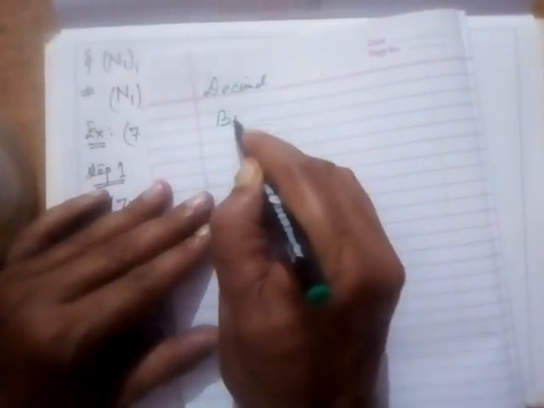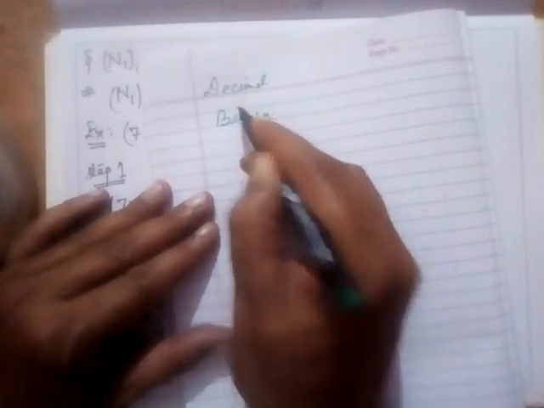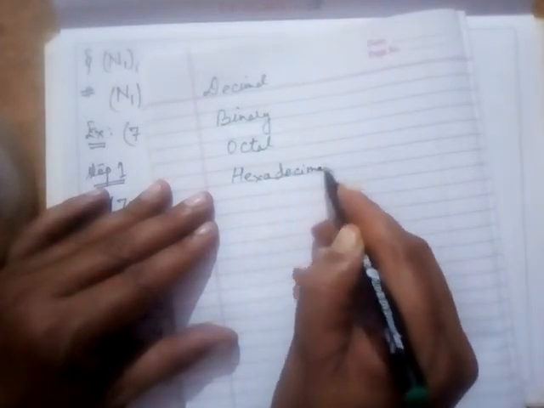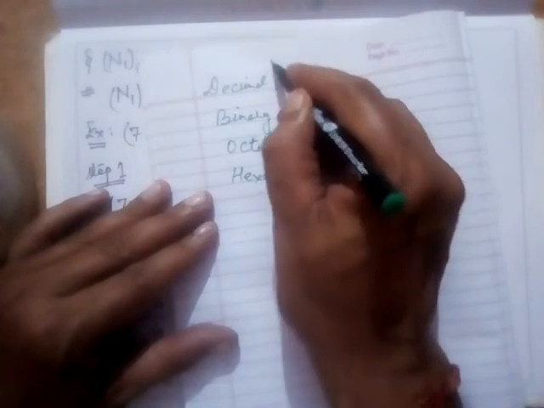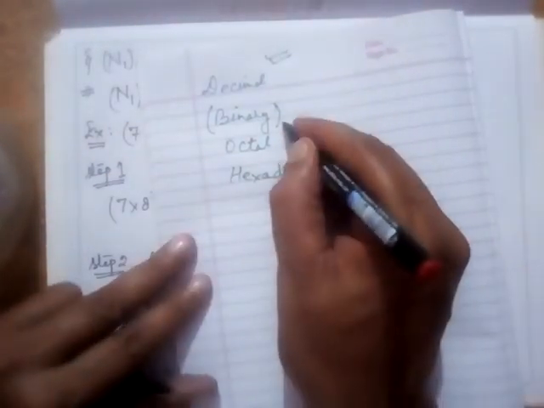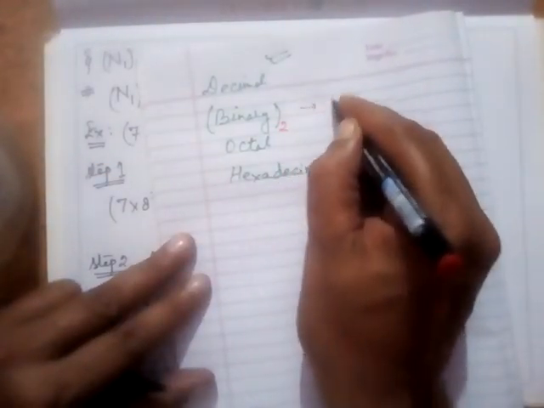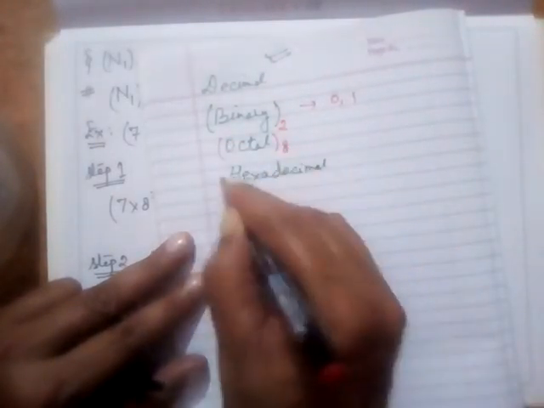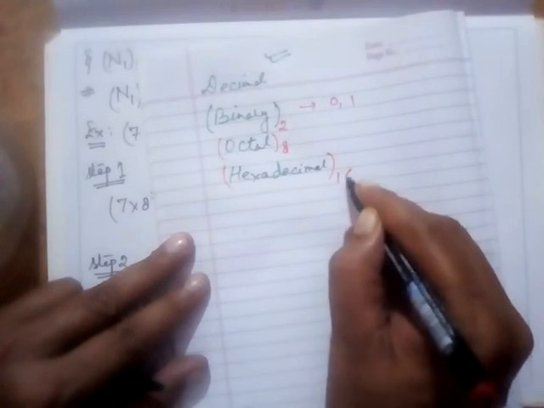Decimal, then binary, octal, and hexadecimal number. Of course, decimal we know how to convert into binary or binary to decimal. This binary has base 2, and the digits available are 0 and 1. Octal has base 8 and hexadecimal has base 16.